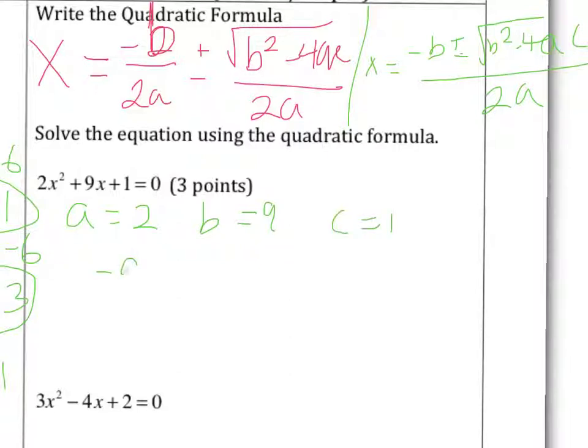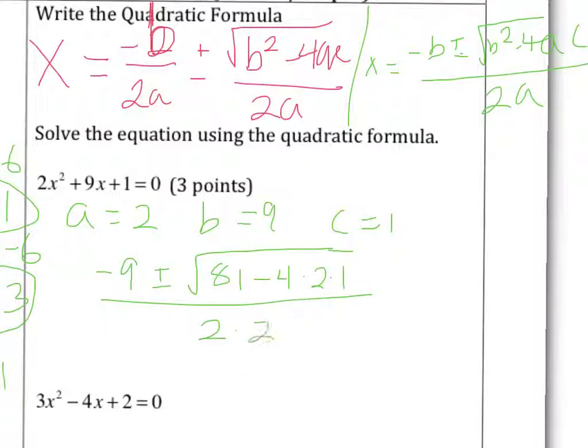Negative 9 plus or minus the square root of 81 minus 4 times 2 times 1, all over 2 times 2. Let's see what we can reduce. 81 minus 8 is going to be 73.